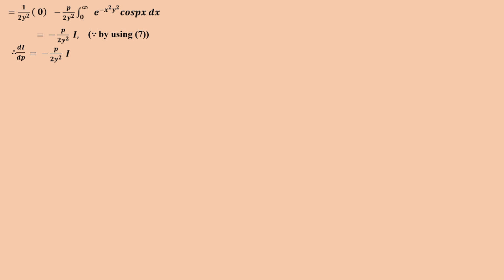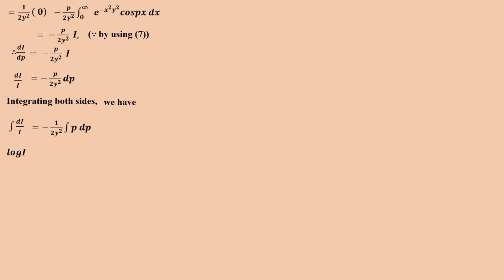So dI by I, variable separable method, dI by I is equal to minus p by 2 y square dp. Integrating both sides, we have integral dI by I equal to minus 1 by 2 y square integral p dp.